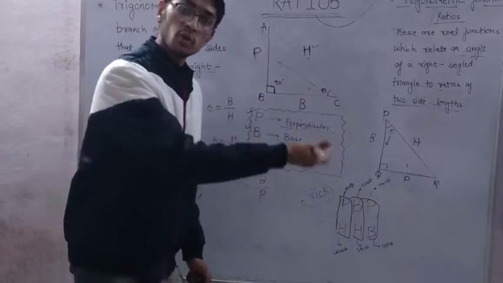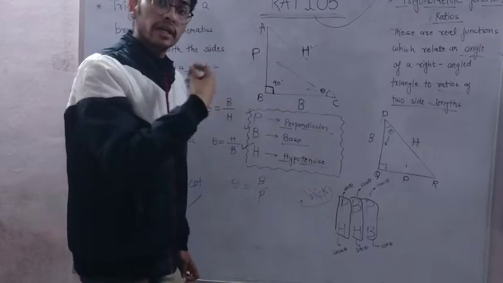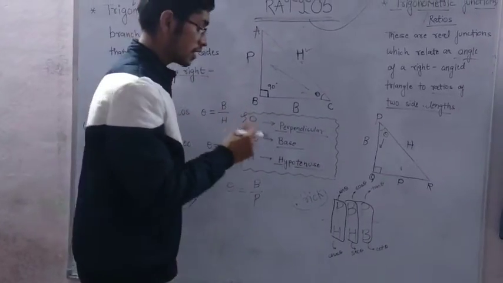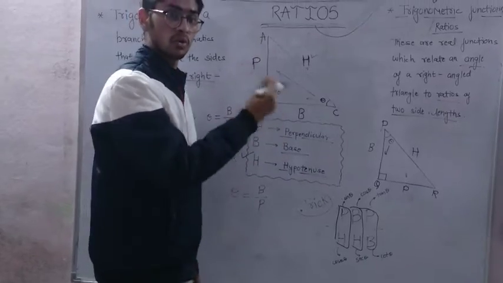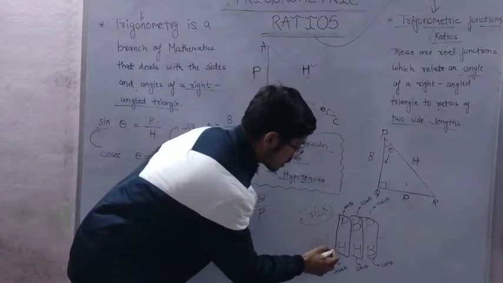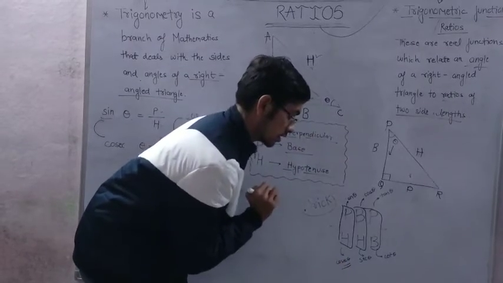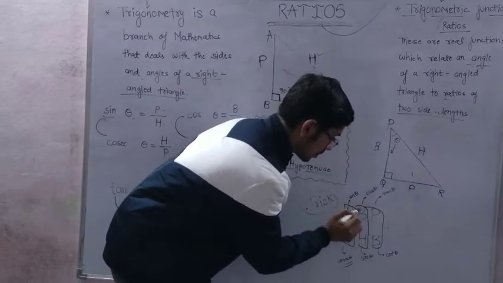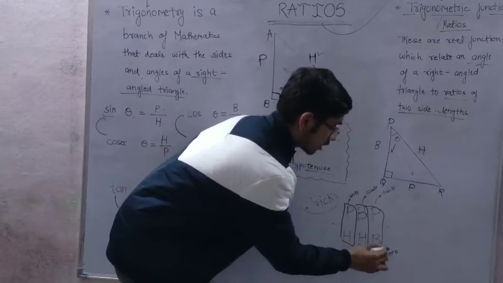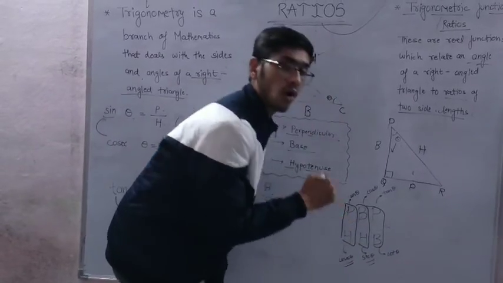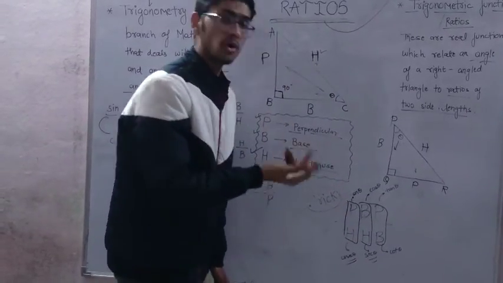If we take the reciprocal of these ratios, we get the other formulas. Hypotenuse upon perpendicular is cosec theta, hypotenuse upon base is sec theta, and cot theta is base upon perpendicular.